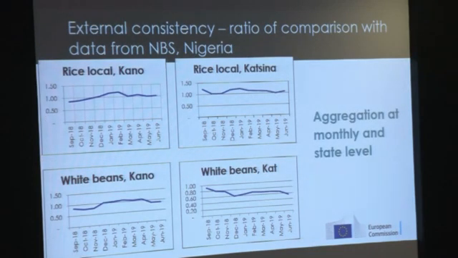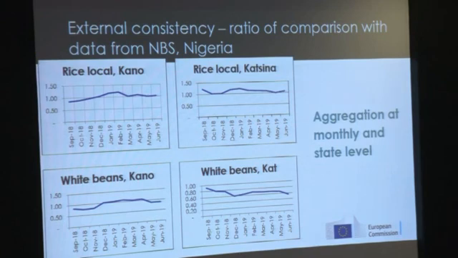If we look at the external consistency, we triangulate with the data from the National Bureau of Statistics of Nigeria. Again, I present these two commodities, local rice and white beans, in the two states. We aggregate our data at monthly level and state level, so we are able to compare with the National Statistical Office, and we do a ratio by dividing our crowdsourced price by the price of the National Bureau of Statistics.